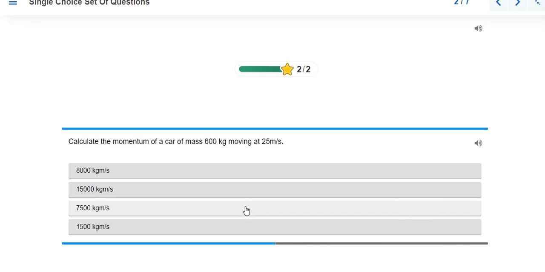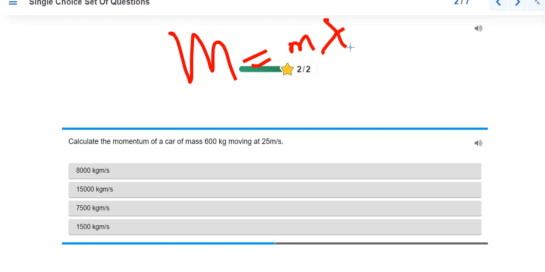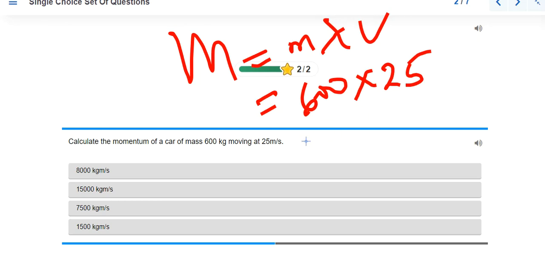Okay, students, let's go once again. We know that M is equal to m times v. That will be 600 times 25, which can be written as M equals m times v, and that is 600 times 25.